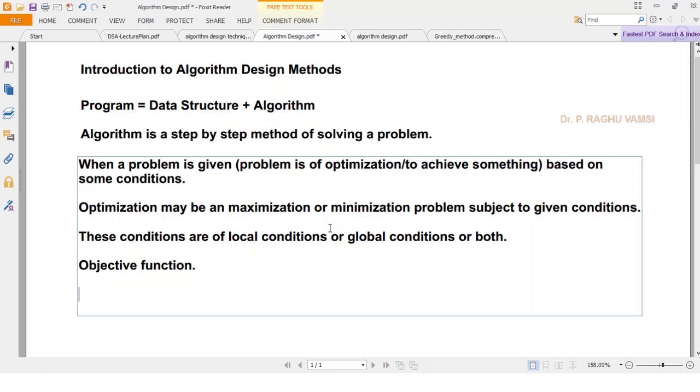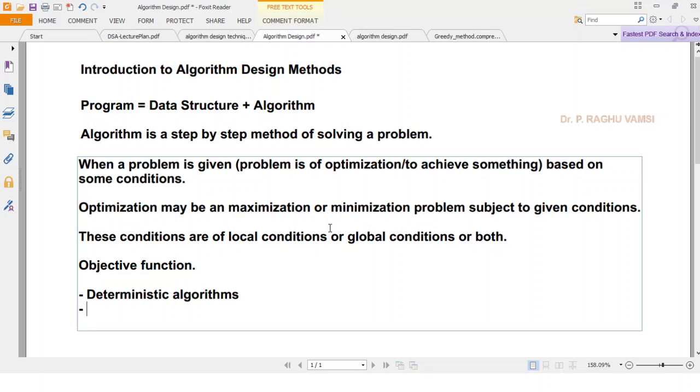So in solving with algorithms, sometimes you may have the type of algorithms as deterministic algorithms, and another type, non-deterministic algorithms. Deterministic algorithms are ones that will be executed and completed within finite time.